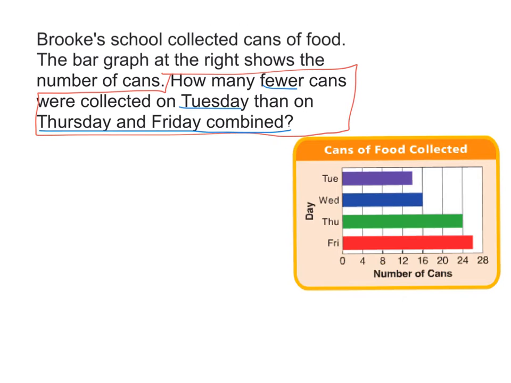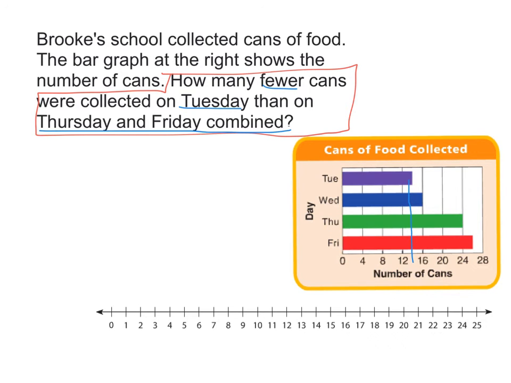So, going back to Tuesday, we see that it is in between 12 and 16. So if we draw a line there, just to help us, what numbers would be in between 12 and 16? So let's take a moment to look at that.